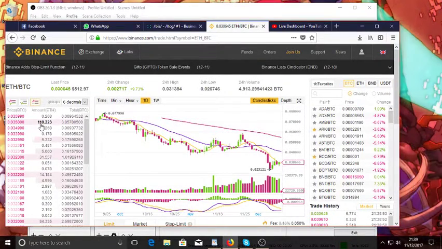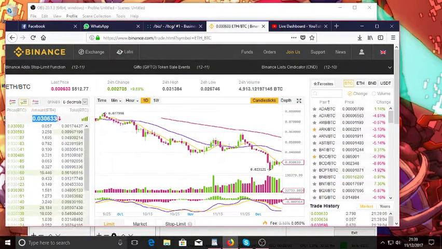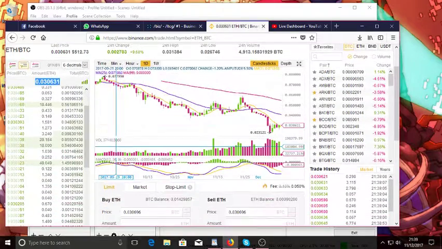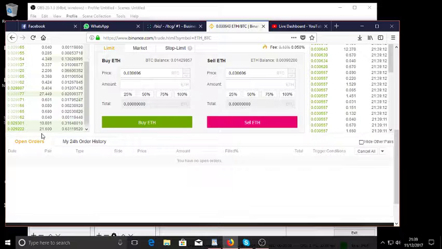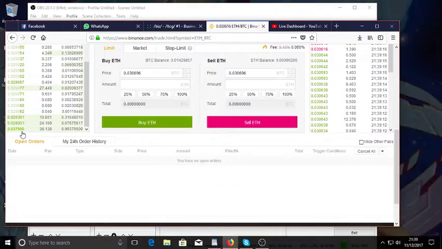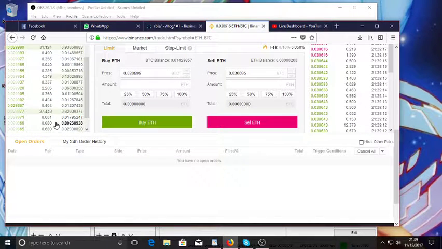So this is going to be difficult to fill. This is considered your price ceiling. And the green, the lowest price that people are willing to pay, is 0.02801. And these are your price floors.